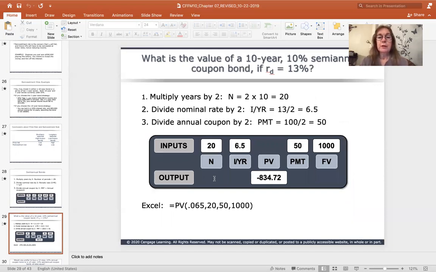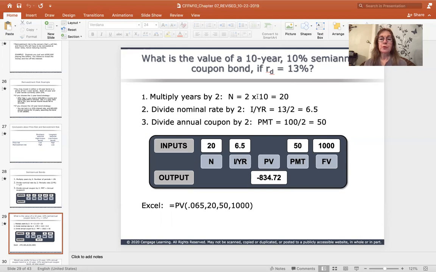So here's an example. What is the present value of a 10-year, 10% semi-annual coupon bond if the required rate of return is 13%? By required rate of return, I mean the market interest rate. Okay, so the future value is 1,000. The payment is $1,000 times 10% divided by 2, $50.